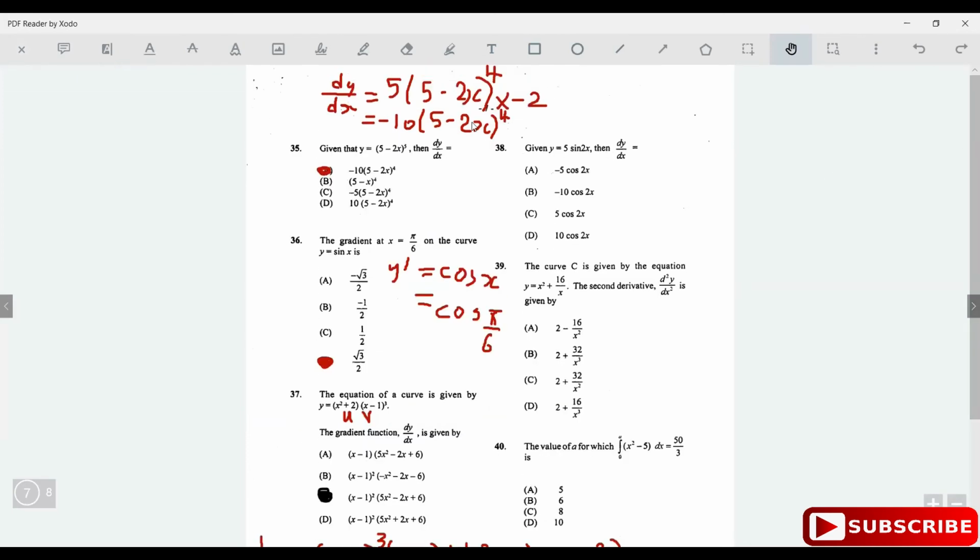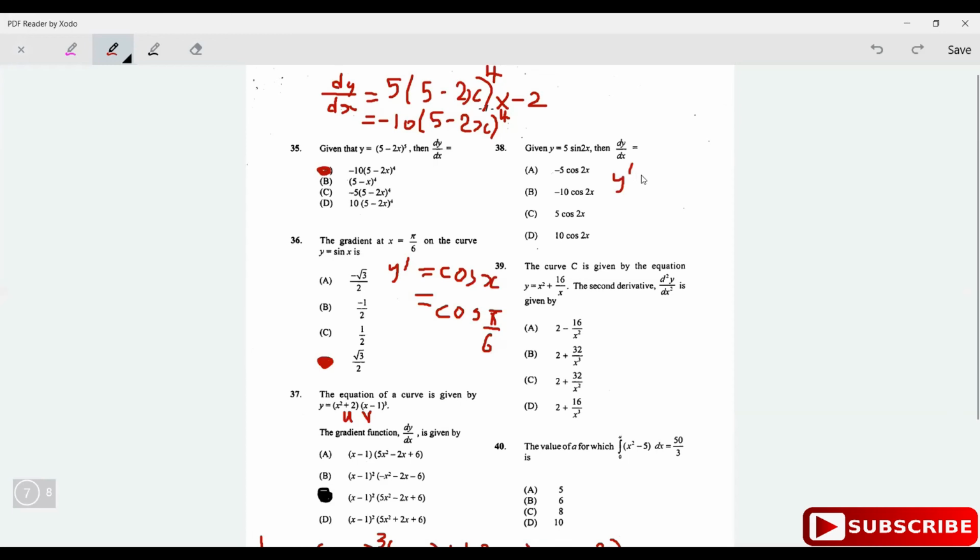Question 38. Given that this is y, find dy by dx. So we differentiate this now. y is 5 sine 2x. When you differentiate sine, you get cos. So y prime, or dy by dx, is equal to 5 times cos 2x.